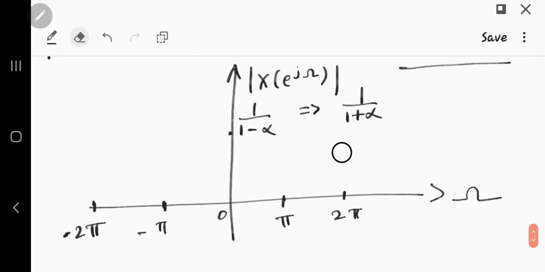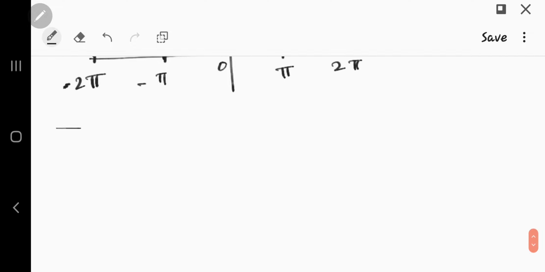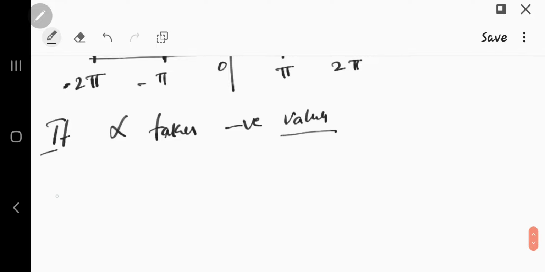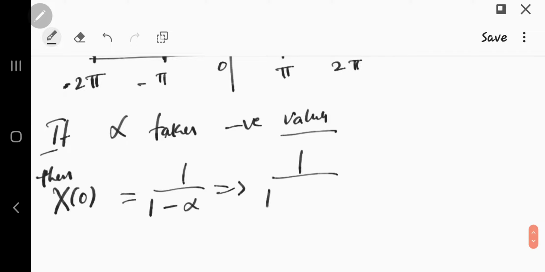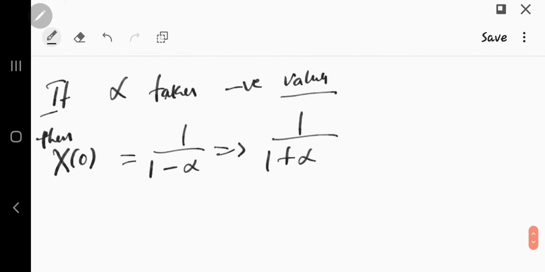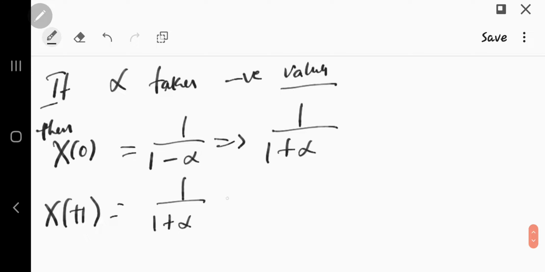So let's see what happens if you substitute the value for this. If alpha takes a negative value, then x of 0, which is 1 by 1 minus alpha, becomes 1 divided by 1 plus alpha, and at x of pi it will be 1 divided by 1 plus alpha, that goes to 1 by 1 minus alpha.